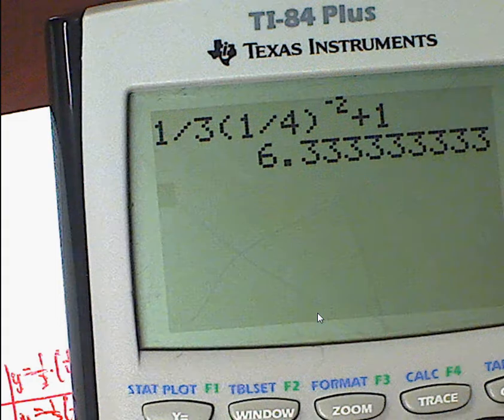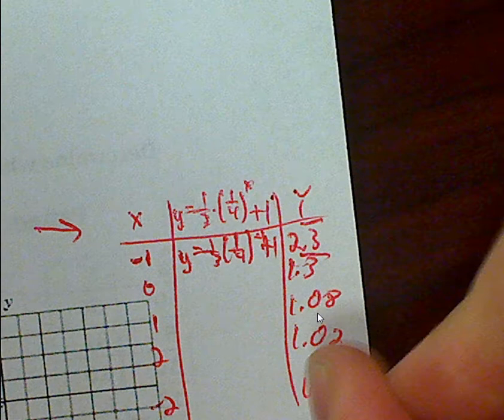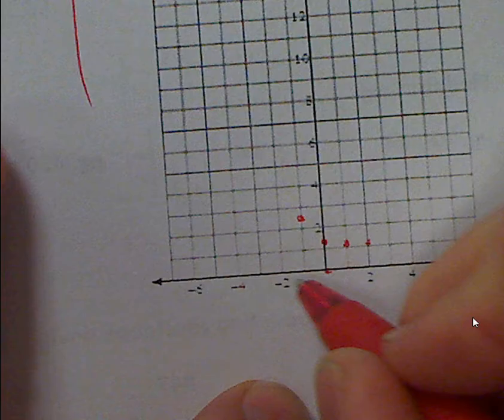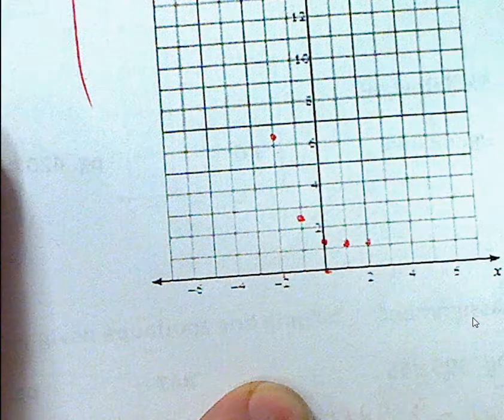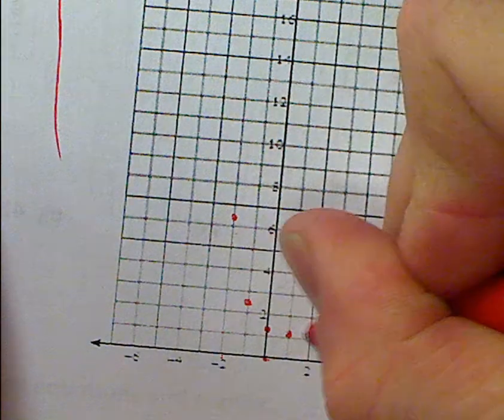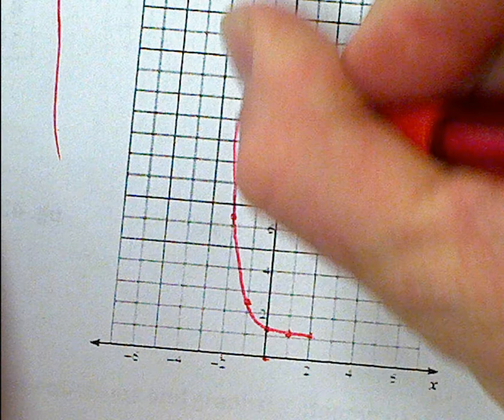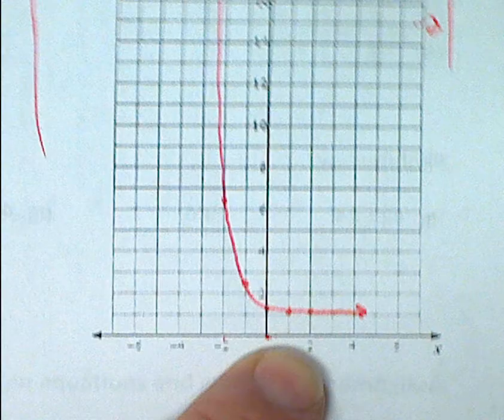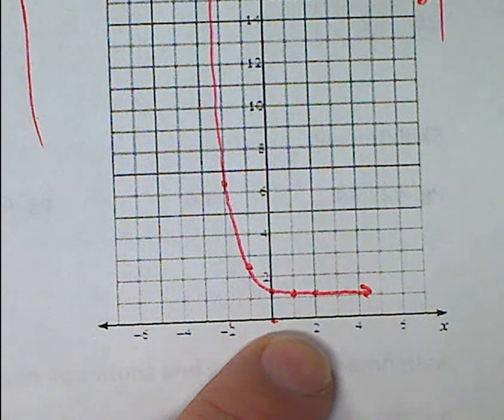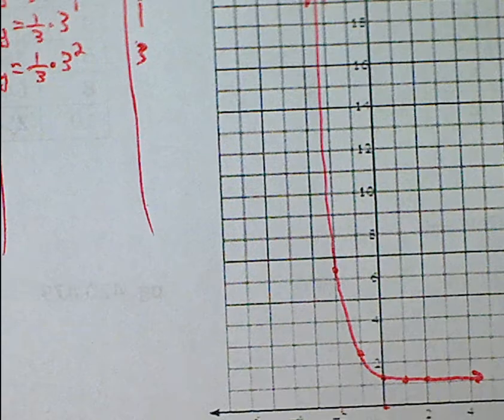I got 6.3. So at -2, I'm at 6.3. See how it's raising real fast right there? So it would keep going. This would bottom out. And that's what that would look like.